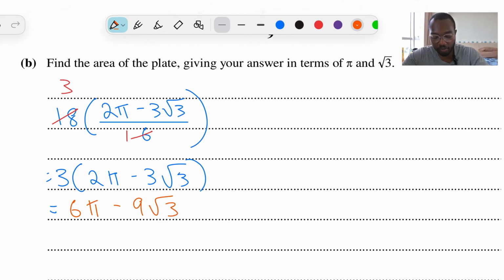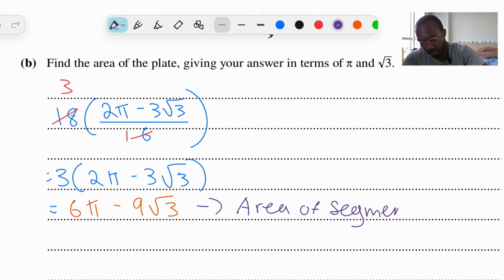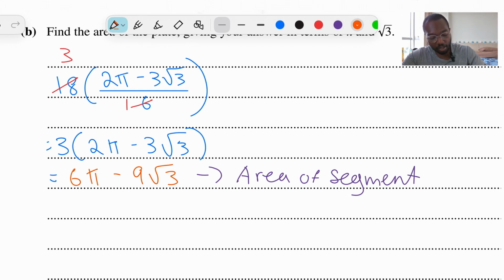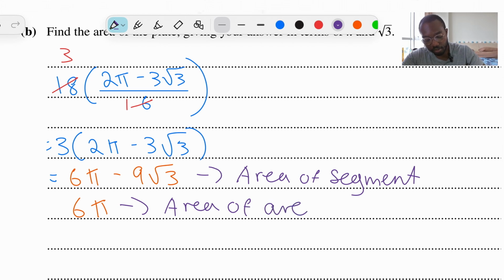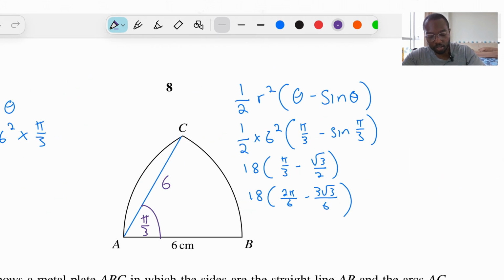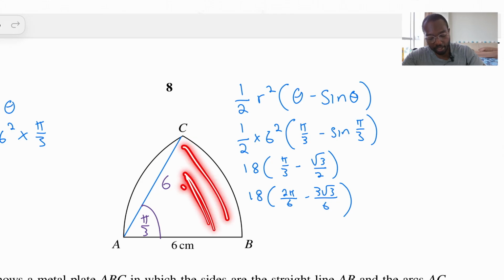So now we look at the area of the segment. The area of the segment is simply 6π minus 9 root 3. And we know that the area of the arc, as we also worked out, was just 6π. So to reiterate, the area of this arc here is 6π, and the area of this segment here is 6π minus 9 root 3.